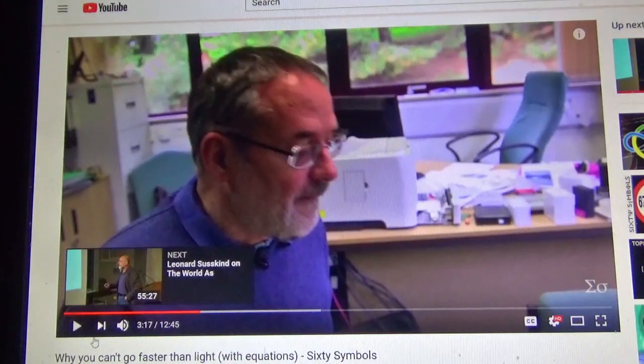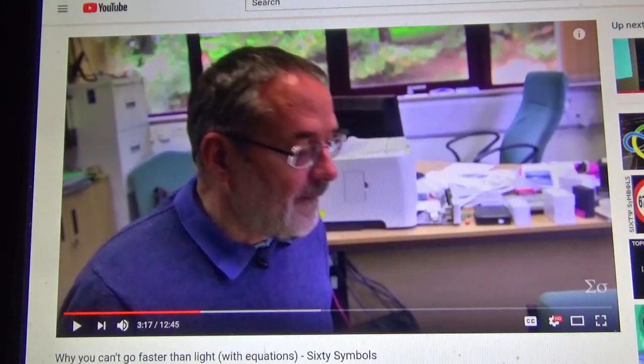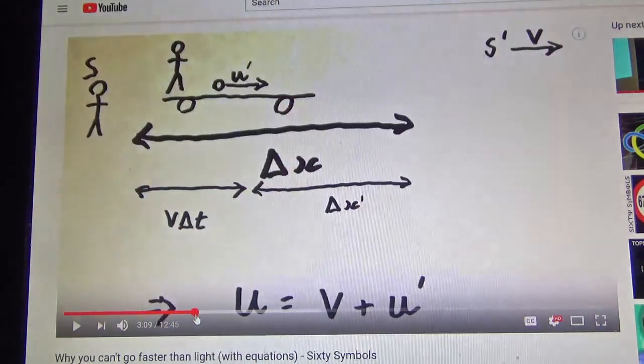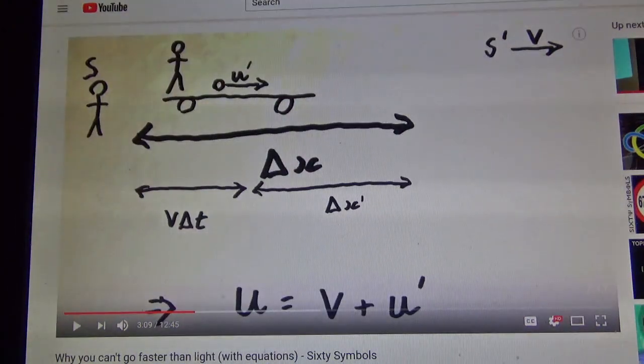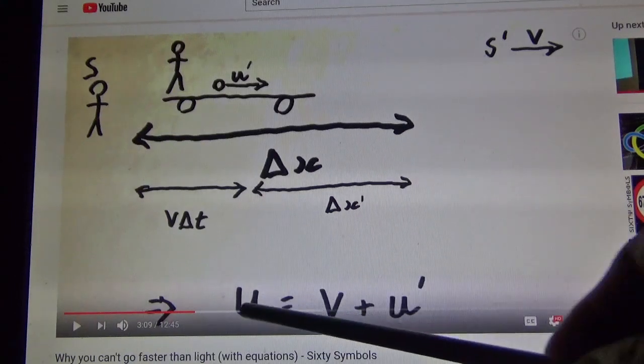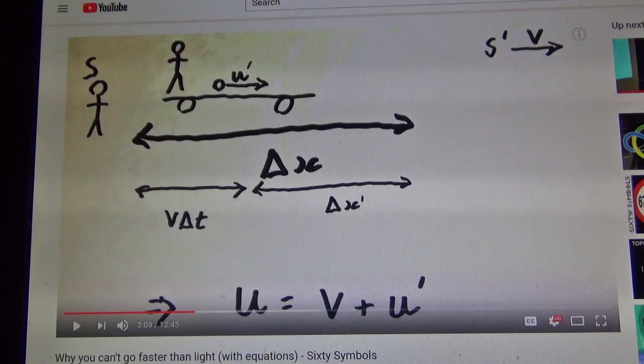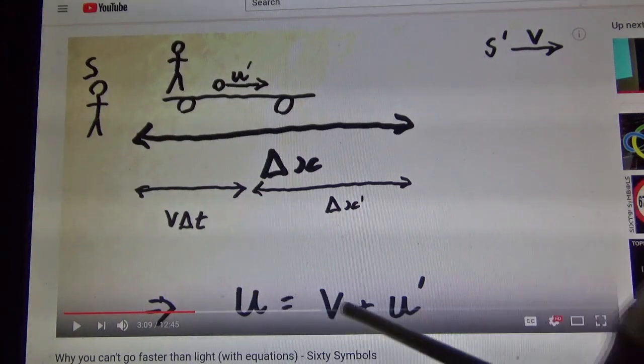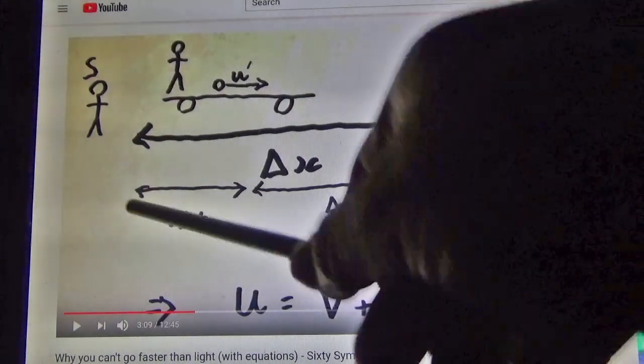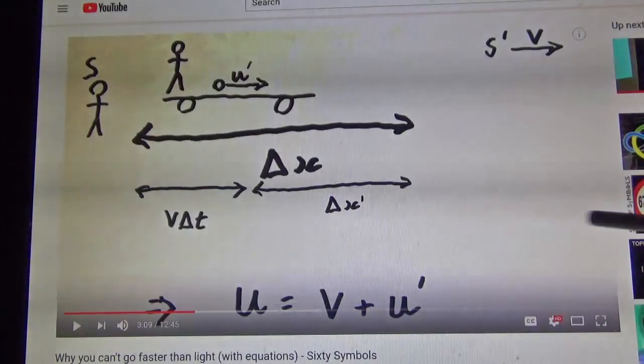They did talk about it being Galilean and so forth, but really it's just Newtonian physics. That's the way the speeds would add if you're considering it in that direction.